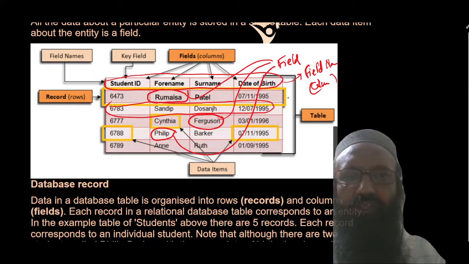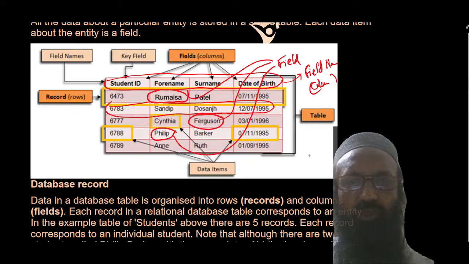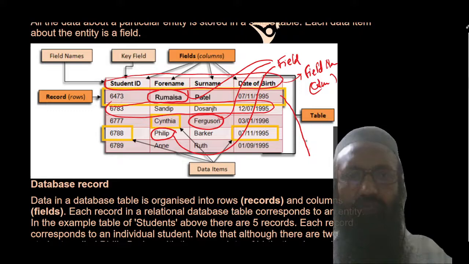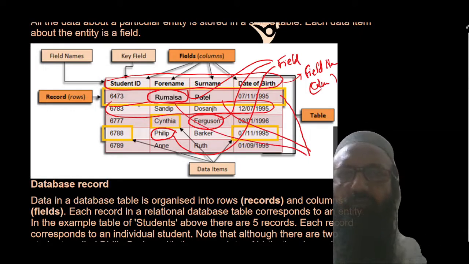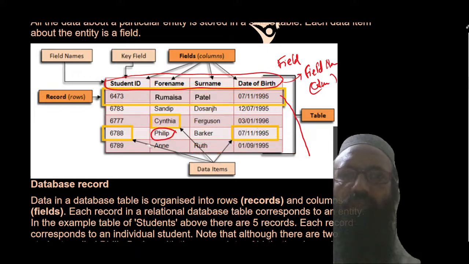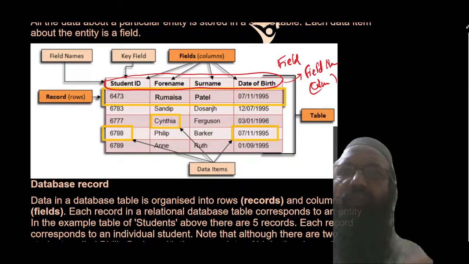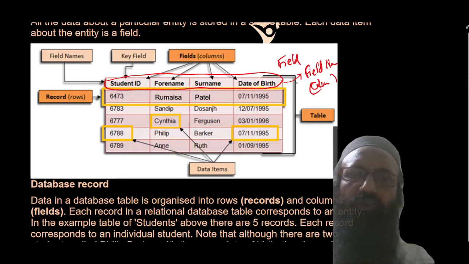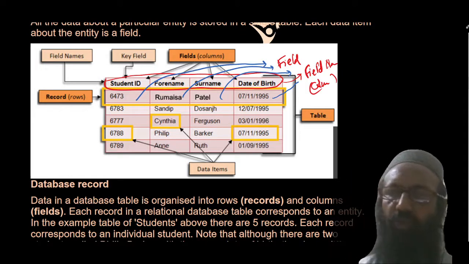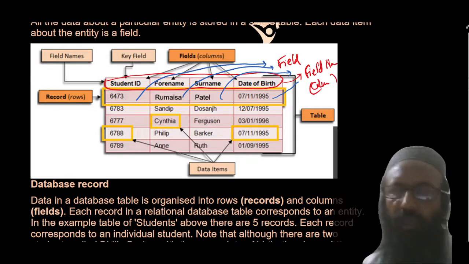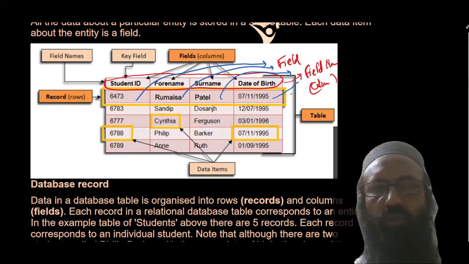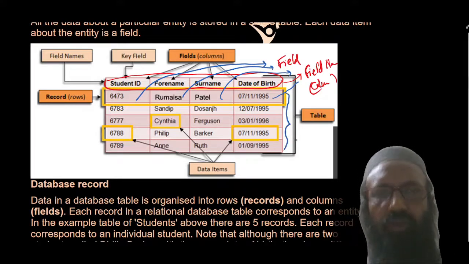So we can say that each piece of data is known as a field. So in each record, there are 5 fields: date of birth, surname, forename, and student ID. And here we have stored 5 records.